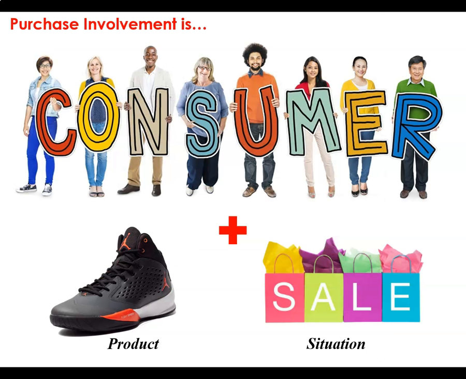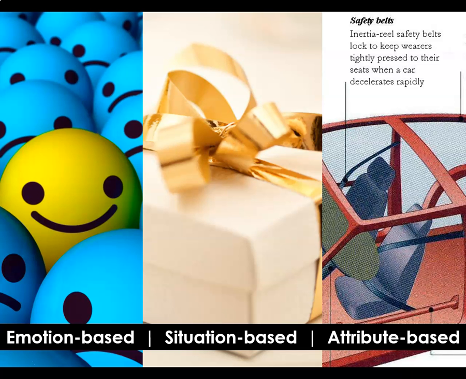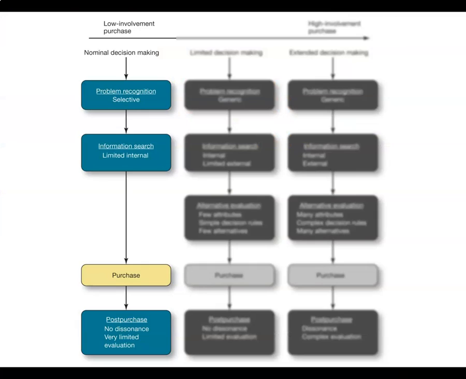Remember, purchase involvement is a temporary state that's influenced by the interaction of a consumer, a product, and situational characteristics. The consumer decision-making process will help us understand three things as a marketer: emotion, situation, and attribute-based decisions. Let's begin with nominal decision-making.